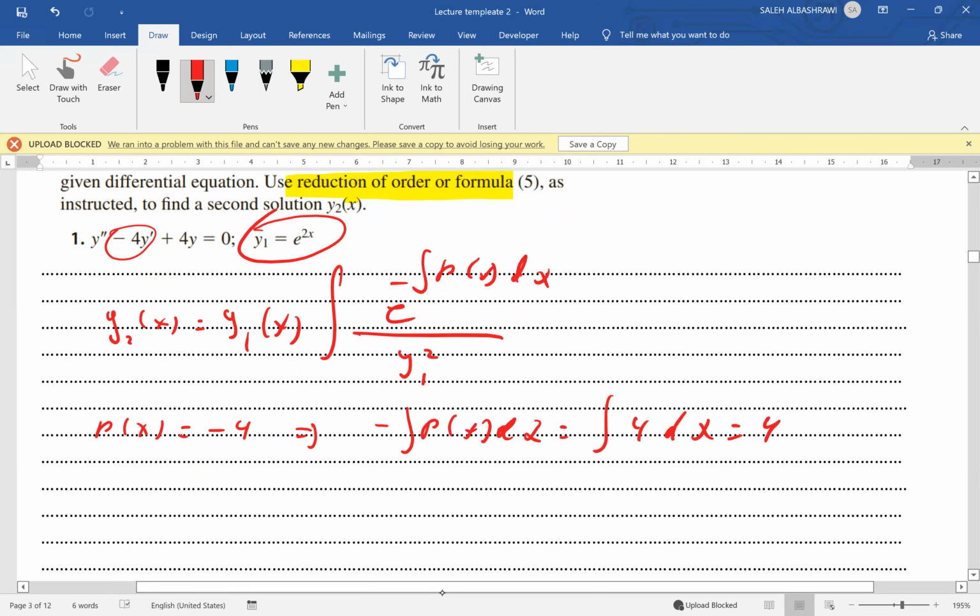So we are going to have now y2 equal to y1, which is e to power 2x, multiplied by e to power 4x, divided by y1 square, which is e to power 2x all to power 2 dx.